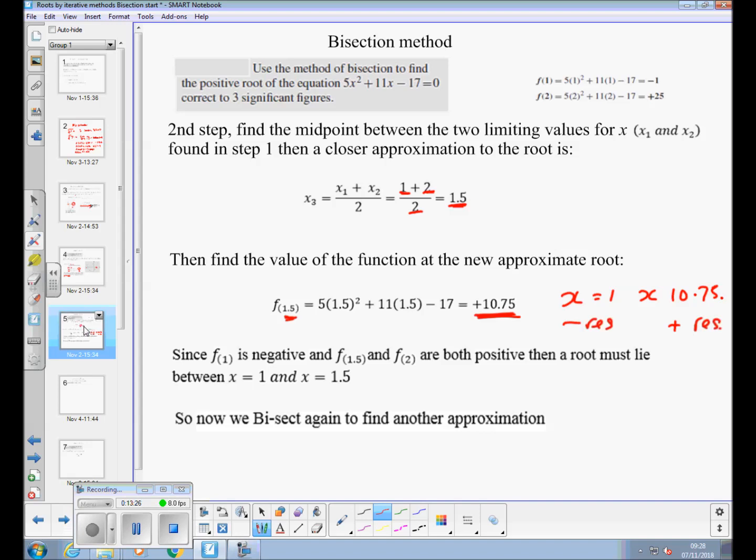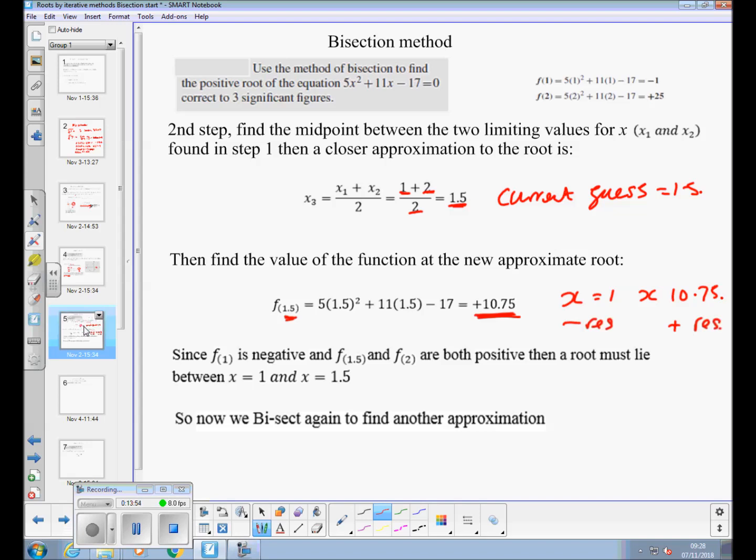We're looking for 3 significant figures, so we haven't even got that yet. You're all happy that our current guess is this value, 1.5. So you find the result of that, and then that's between the nearest positive and negative values that we've got.